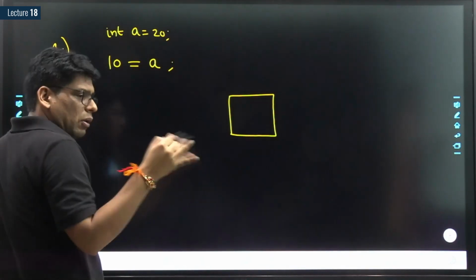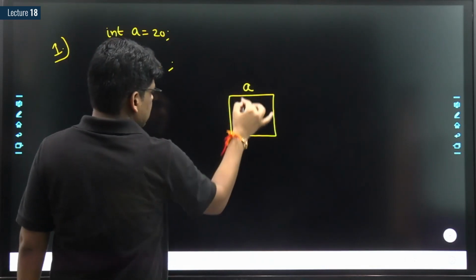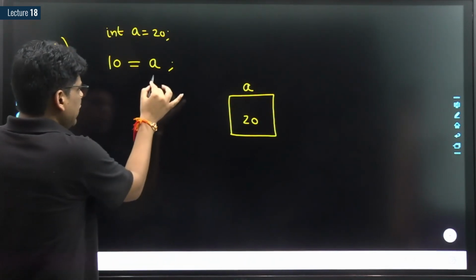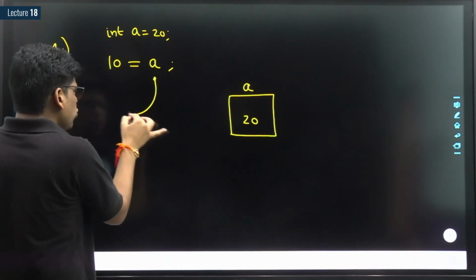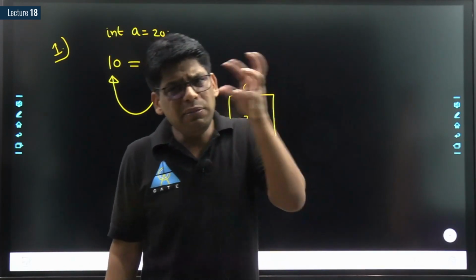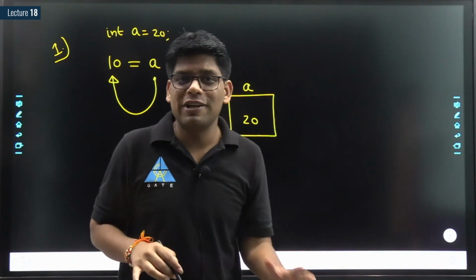Sir, we have the value 20 inside A, and we want this 20 to be stored in 10. Is it possible that a value can be stored inside a constant? No, sir.